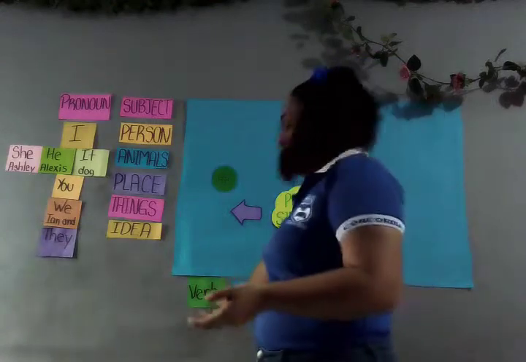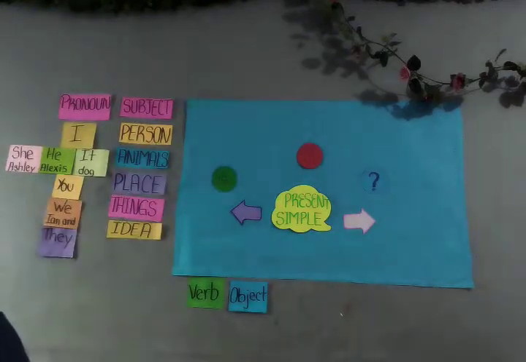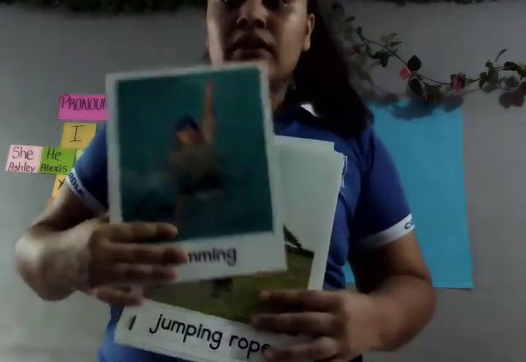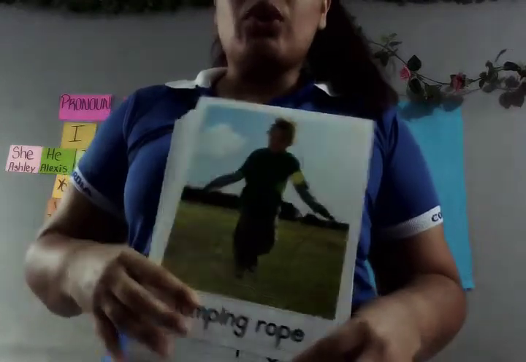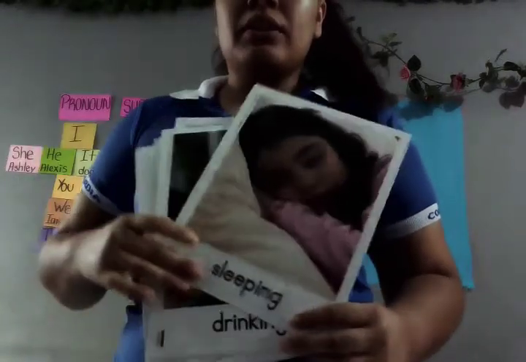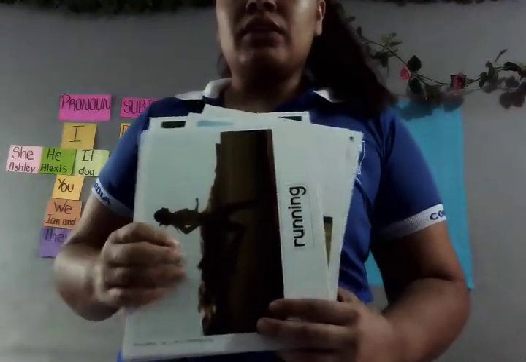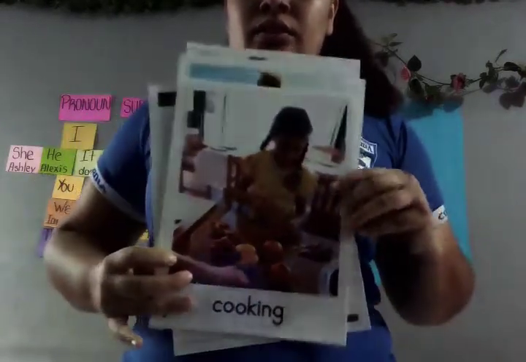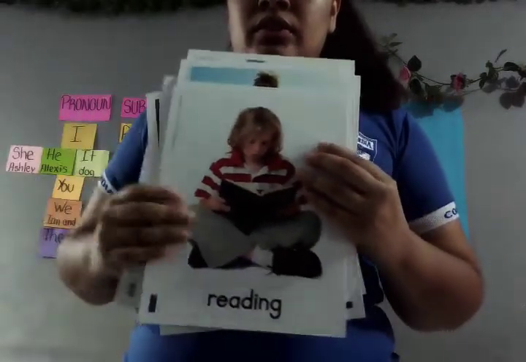So, we're going to be talking about verbs too. And verbs are actions, all kinds of actions. For example, swimming can be an action, jumping rope, sleeping, drinking, running, eating, cooking, reading, and swimming.